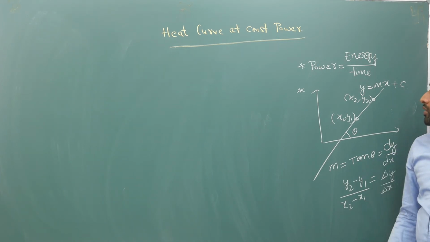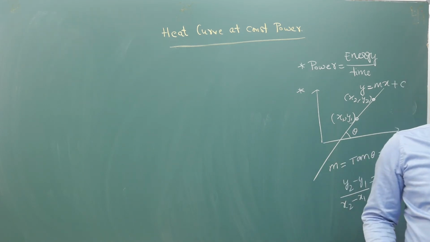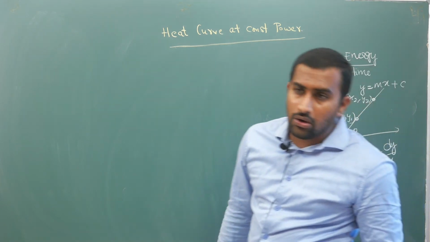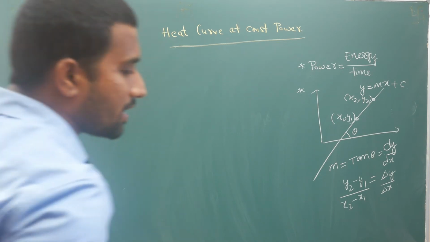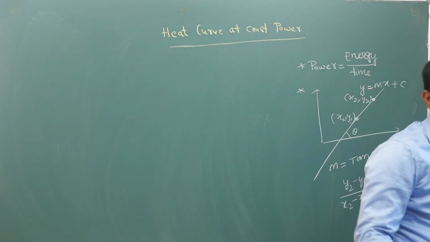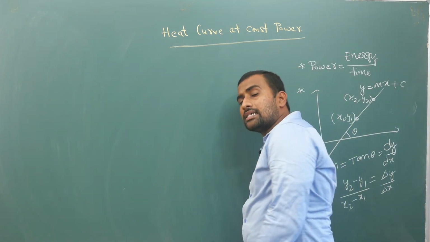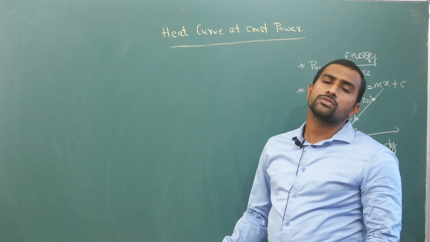Now using this, I will try to draw the heating curve for a body at different temperatures. Now how do I do it, I will tell you, just hold on. So coming to the heating curve, let us consider a body, let us say it is water, some solid substance.